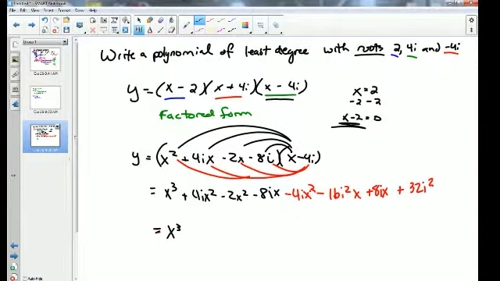Are there any of those ix squareds? There's another one. Oh, look at that. Positive 4 and negative 4 of them. How about x squareds?